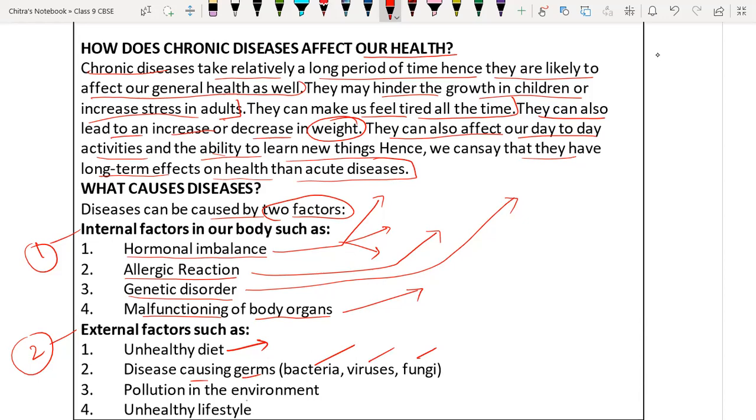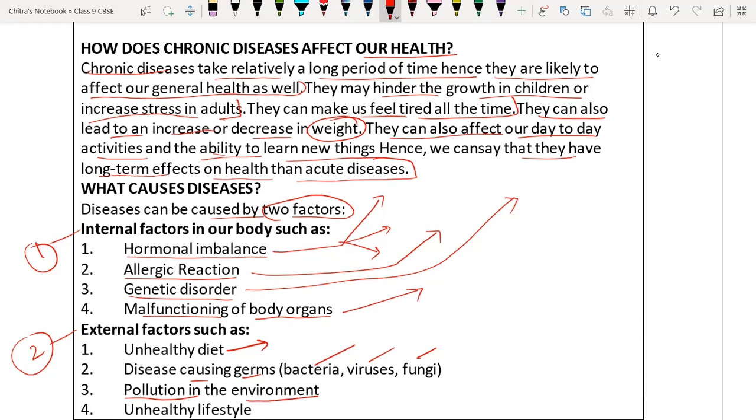Pollution in the environment is one of the important external factors which directly affects the health of a person on a large scale, and unhealthy lifestyle. If there is no proper schedule or daily routine for the person, that will be an unhealthy lifestyle which may lead to various kinds of diseases.